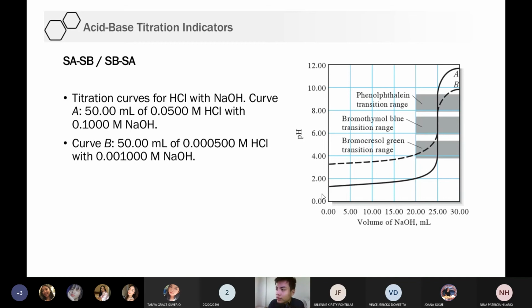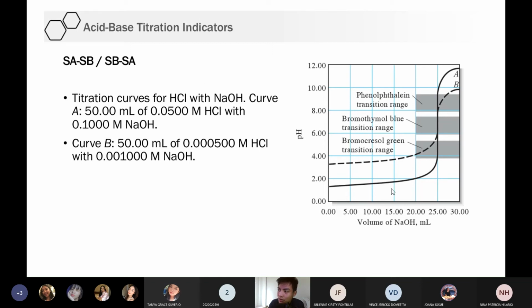So, when I say masyadong mahaba ang inflection curve natin, it spans a huge pH value. So, saan siya nag-start? Around pH 3 something. Saan siya natapos? Around pH 10. So, ibig sabihin nun, matatamaan niya yung color change ng phenolphthalein, bromothymol blue, and the bromocresol green. So, all these three can be used.